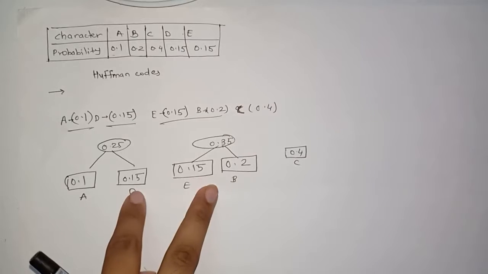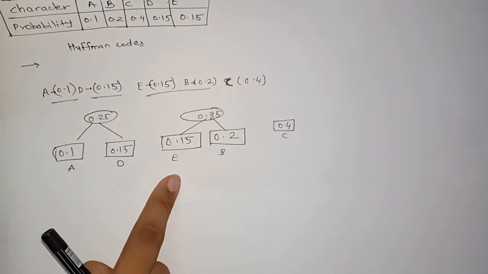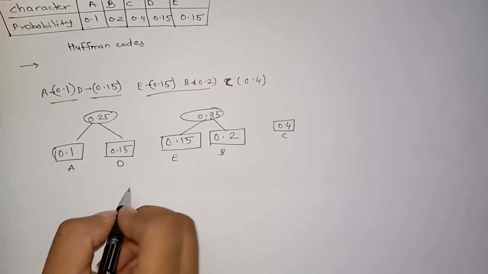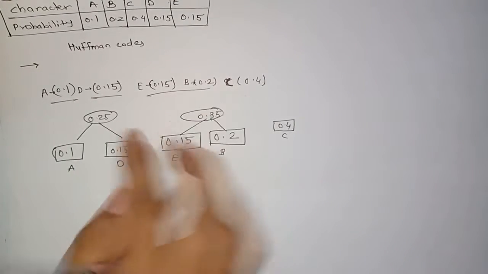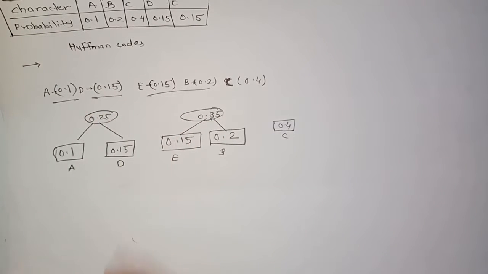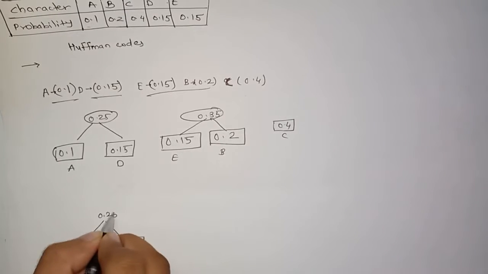Compare these two trees having 0.25 and 0.35. These two trees are less than 0.4, so to create the tree, we have to get the sum of these two trees. We can write 0.1, 0.15 as it is on the upper side. The sum is 0.25.